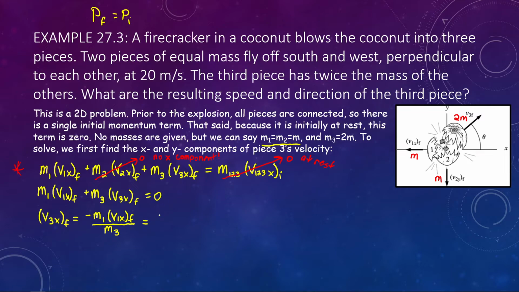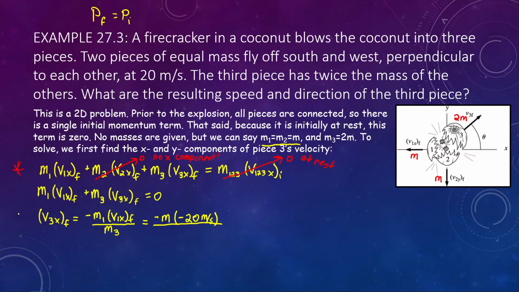So in this case, we have negative m times the velocity, which we're told is 20 meters per second, but be careful, be very, very careful of the direction it's moving. Piece 1 right here is moving to the left. So it's negative 20 meters per second. Because again, remember, objects moving to the left have a negative velocity. Left is the negative direction.